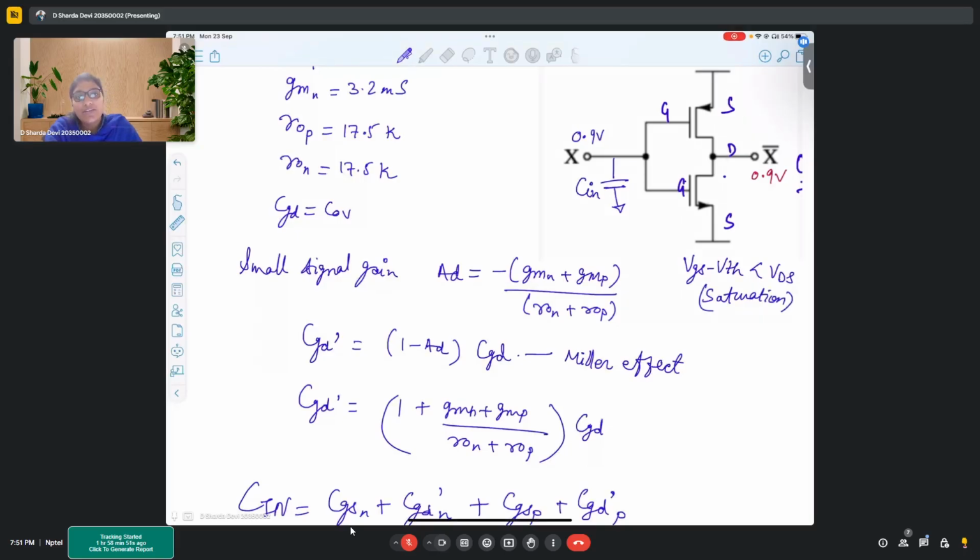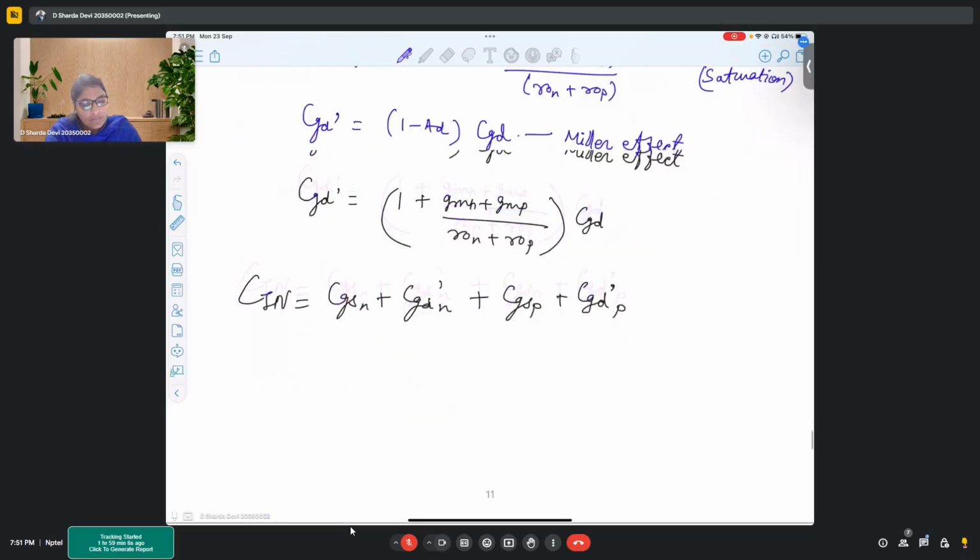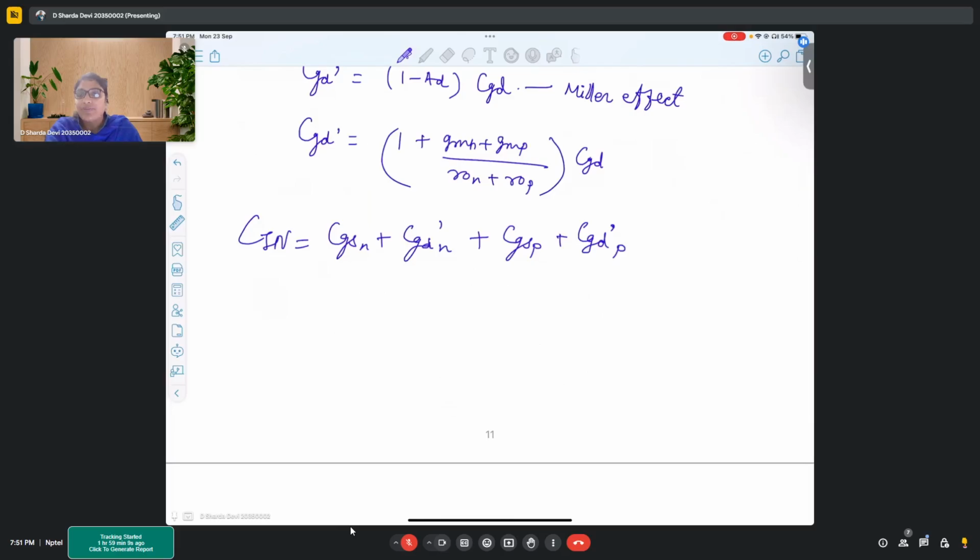Okay. So when your transistor is in saturation, most of the channel remains towards the source side. Drain side, you don't see any channels. So earlier, as we have used half Cox in case of CGS, here we can use full Cox in case of CGS.